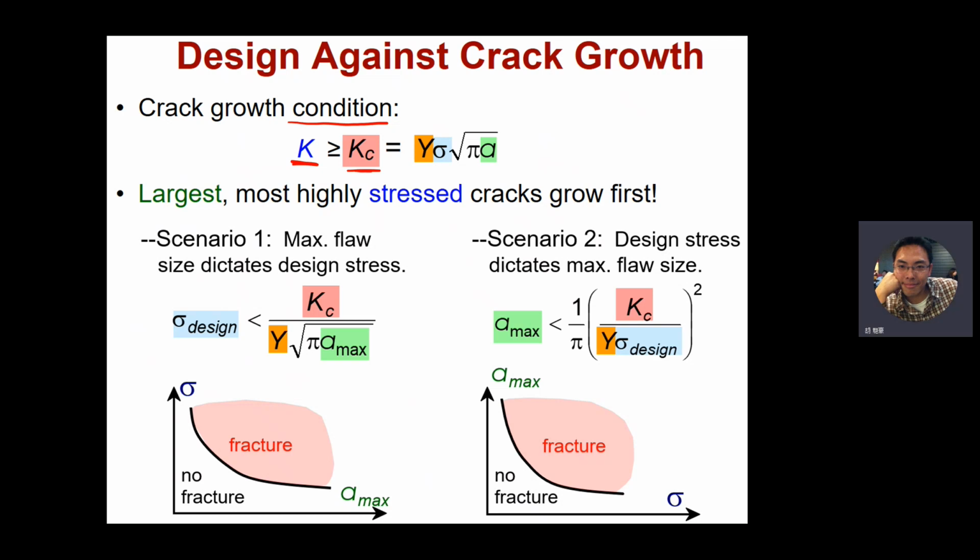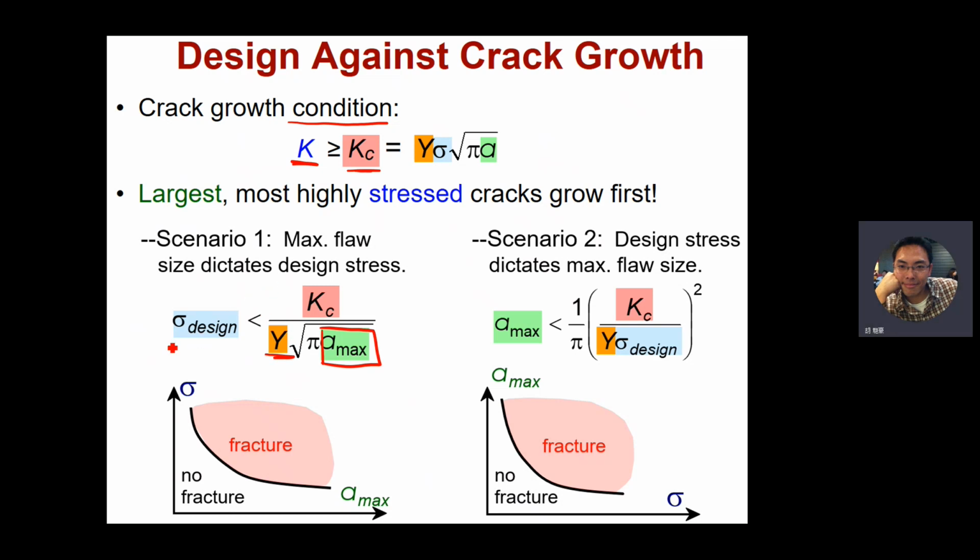Okay, so we have two scenarios to compare. The first one is that the maximum flaw size dictates the design stress. So we have to know the maximum flaw size, right? We know the maximum flaw size, and Y is a geometric factor.